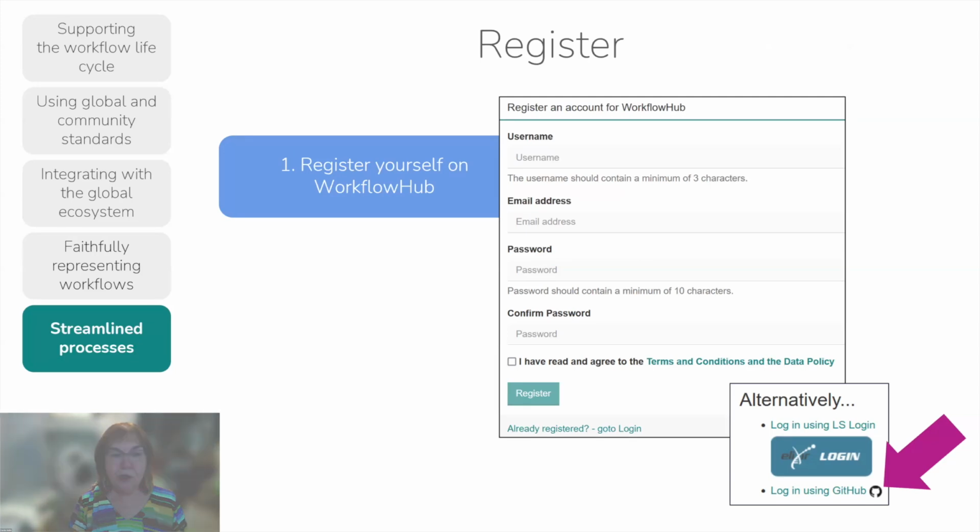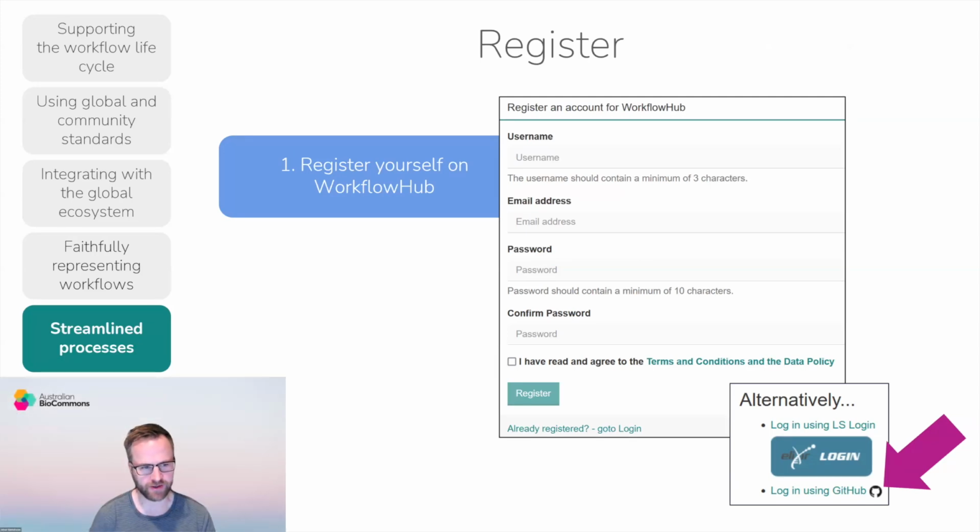Now it's Johan's turn. Continuing with the same theme of how WorkflowHub is acting as a hub for workflows, one of the critical pieces of that is the ability to have a workflow developer onboard to the platform and begin making use of it. As part of that, one of the key things is the presence of streamlined processes to get people started.